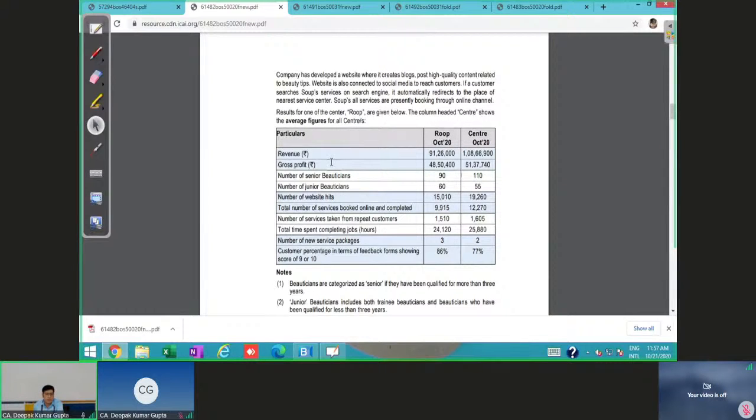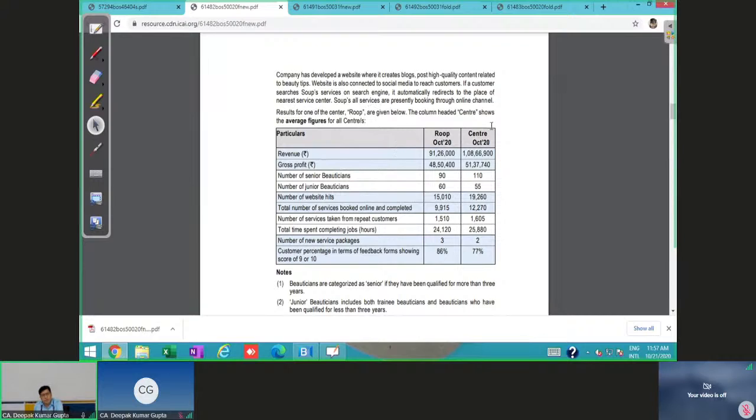Soup's services are presently booked through an online channel. Results for one of the center groups are given below. The column headed center shows the average figures for all centers.